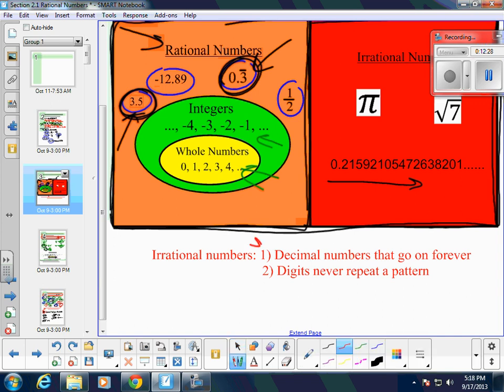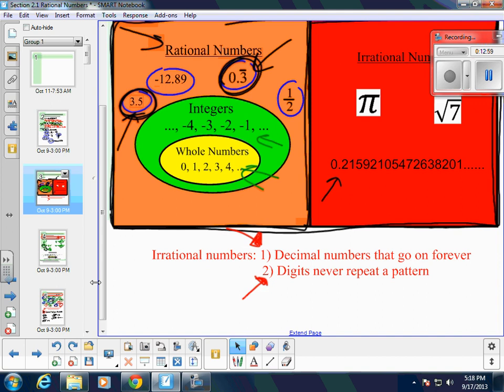Irrational numbers are also numbers that go on and on forever. They don't stop, they go on and on forever, but they don't repeat any kind of pattern. The digits never fall into some pattern where it's always just the same numbers over and over again. As I've got this example up here, I just made up a number: 0.21592105472638201... That means the ... is saying that number goes on and on forever.